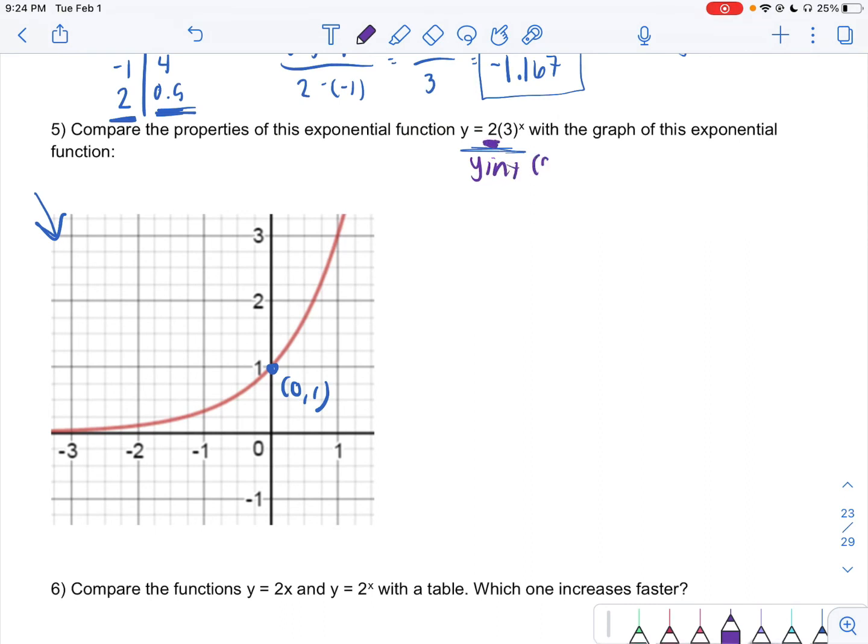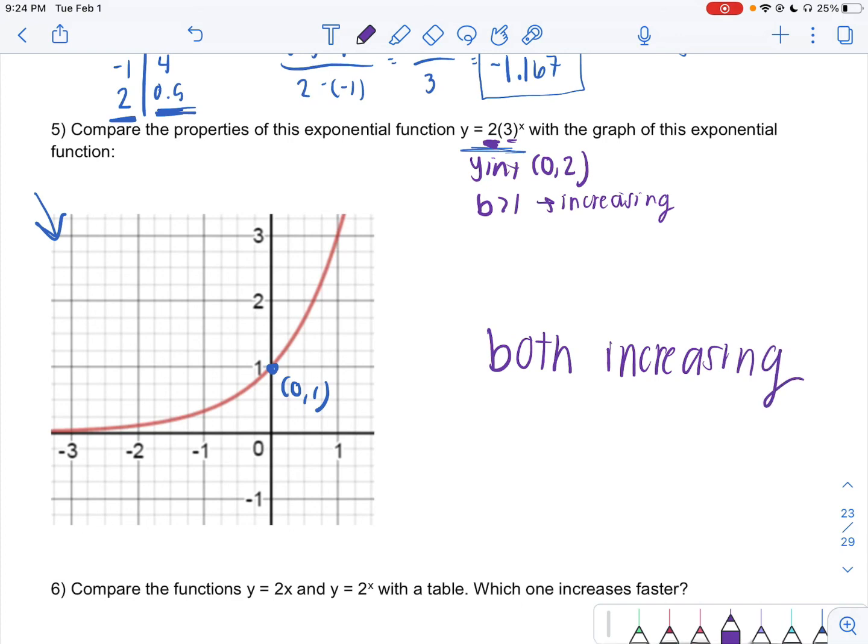So when x is 0, y is 2. My b is 3. That's greater than 1, which means it's also increasing. So they're both increasing, but they have different y-intercepts. And of course they would have the same asymptote of y equals 0.